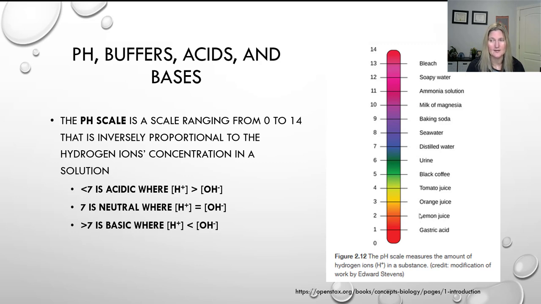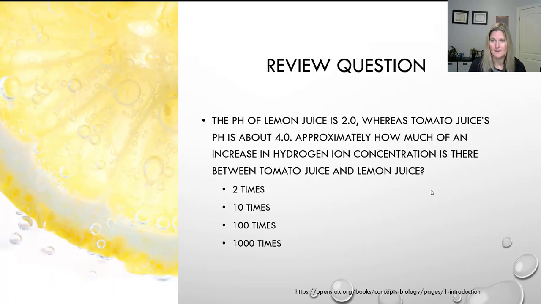Lemon juice has 10 times more hydrogen ions than orange juice. So comparing tomato juice and lemon juice, we have to go 10 times 10, or 100. Okay, so lemon juice has 100 times more hydrogen ion concentration than tomato juice. So 100 times more.